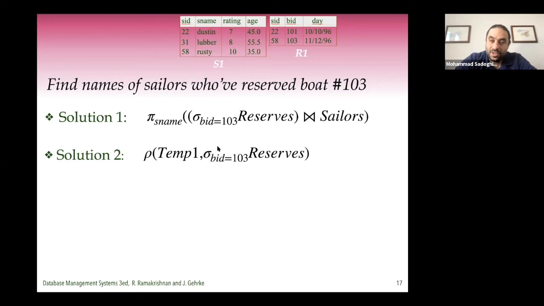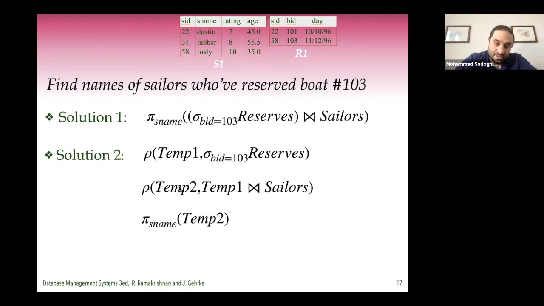First we have a selection on reserve, extracting all those reservations that involve 103, then take that 103 reservation, join it with the sailor, put it into a relation temp2, and then take temp2 and only project out the name, to get the name of the sailors who reserved 103.